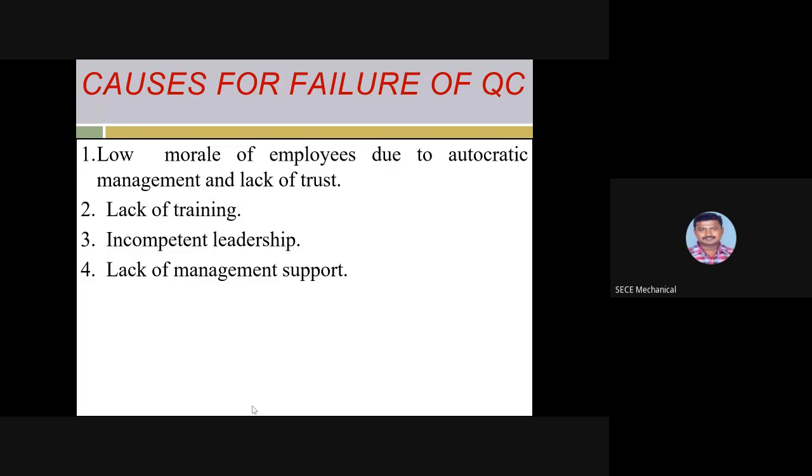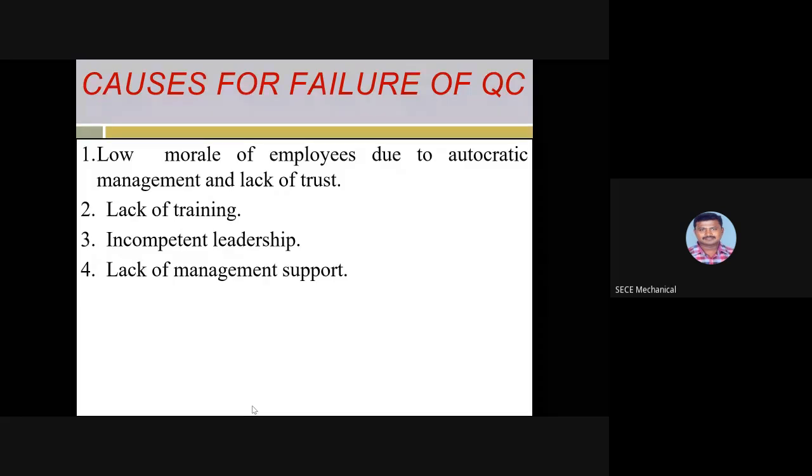These are the important reasons. Everybody should be committed from top level to bottom level so that we can control and improve quality and solve the problems occurring within industries.